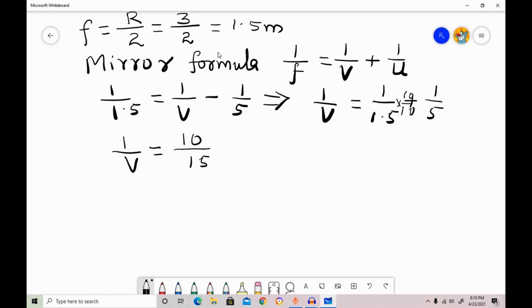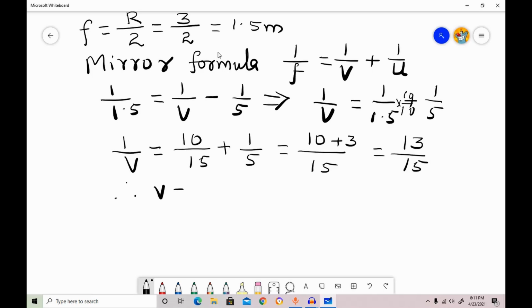So here it is 10 by 15 plus 1 by 5 equals, take the LCM 15, 10 plus 5 divided by 15 means 3, equals 13 by 15. Therefore we get v equals 15 divided by 13. So we have to divide 15 by 13 like this.